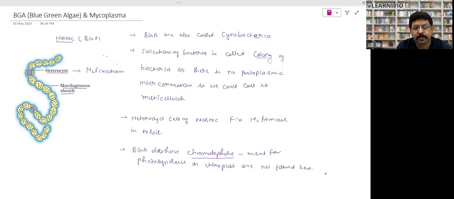Sir, what is the difference between a nucleoid and a nucleus? Actually, nucleus is a qualification. To get this qualification, you need three things: nucleoplasm, chromosome, and it is surrounded by a nuclear membrane. The second point: a collection of bacteria is called a colony of bacteria, as there is no protoplasmic interconnection, right?